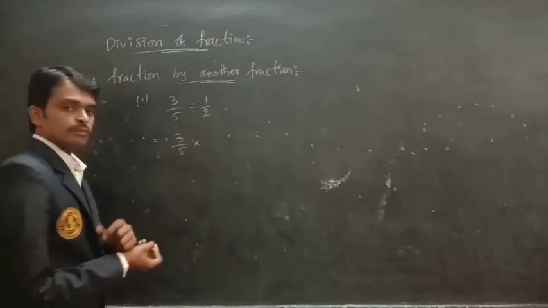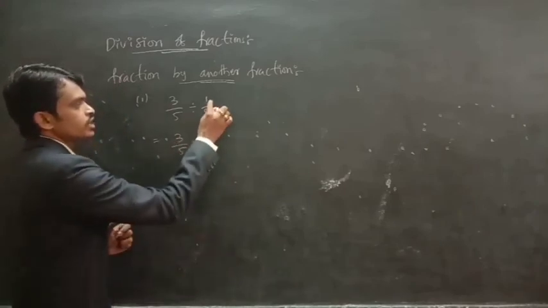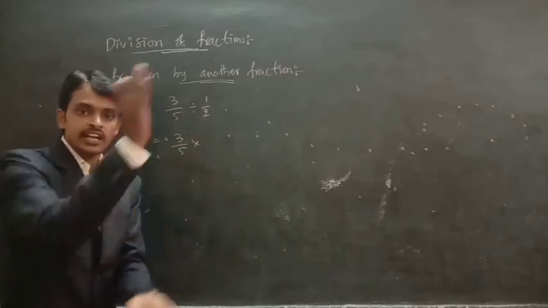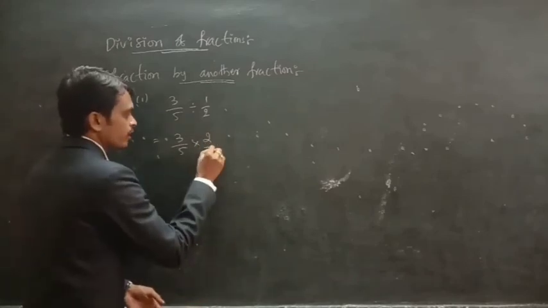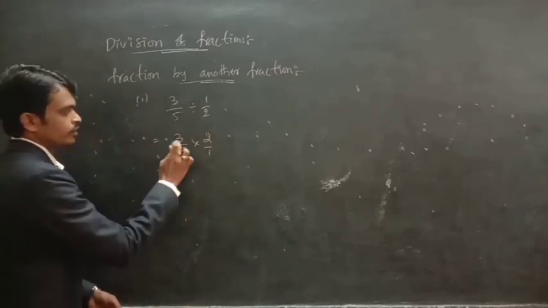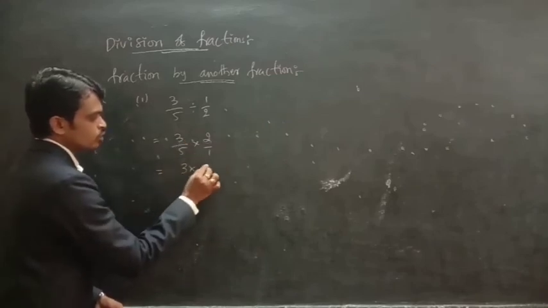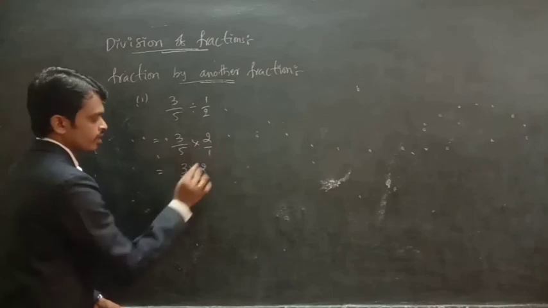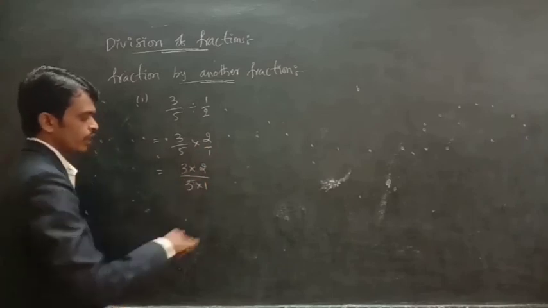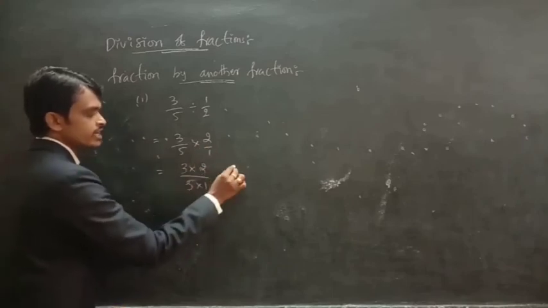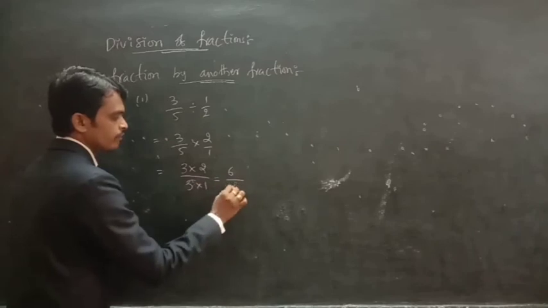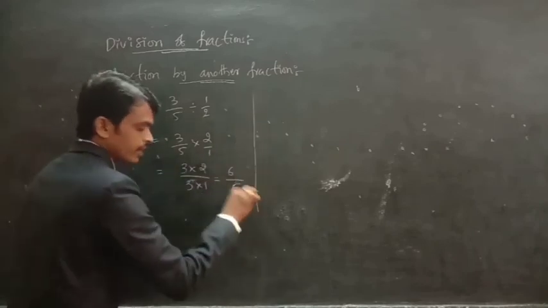So let's keep the multiplication symbol. Then 1 by 2 becomes 2 by 1. Then multiply the numerators, 3 into 2, and the denominators, 5 into 1. Then 3 twos are 6, and 5 ones are 5.